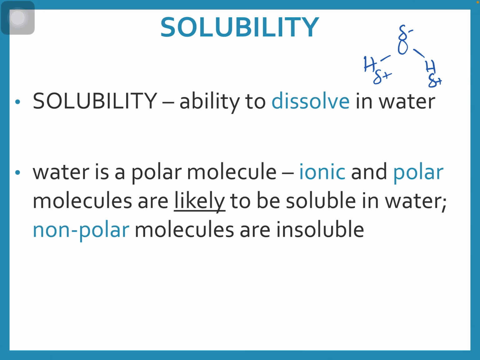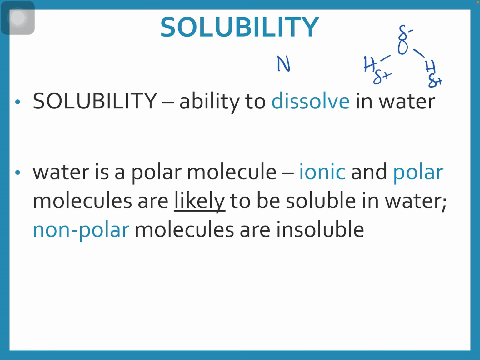So we can use, once again, the intermolecular forces to help us determine if something is going to be soluble or not. So anything that is ionic or polar, because of that positive and negative region that gets created, is going to be soluble, and non-polar is not going to be soluble. And that just has to do with the attraction between the positive and negative.